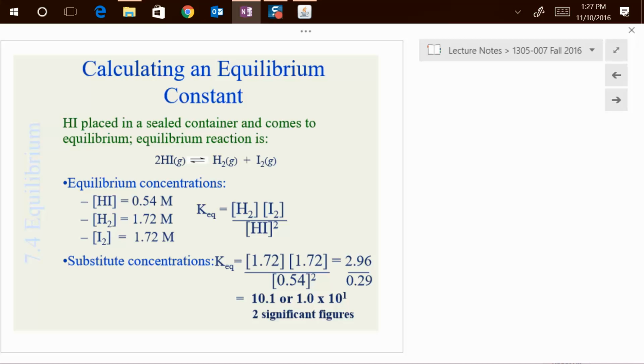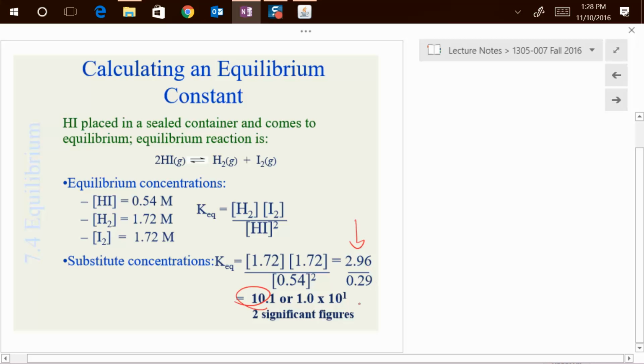H2, 1.72. I2, 1.72. So 1.72 squared divided by 0.54 squared, 2.96 divided by 0.29 is 10.1. This is a greater number than this, so my product concentrations are greater than my reactant concentrations. And so we get a 10.1 KEQ.